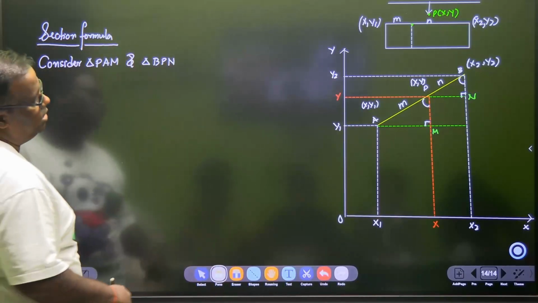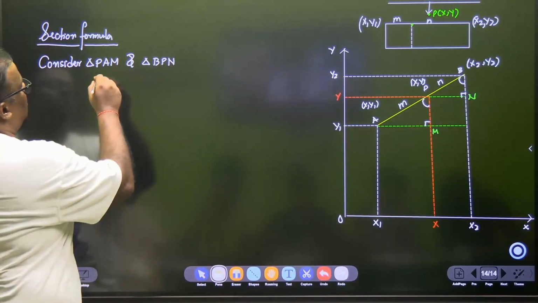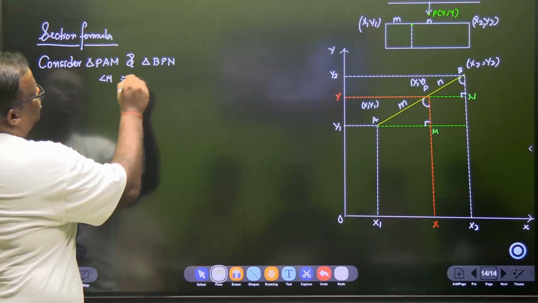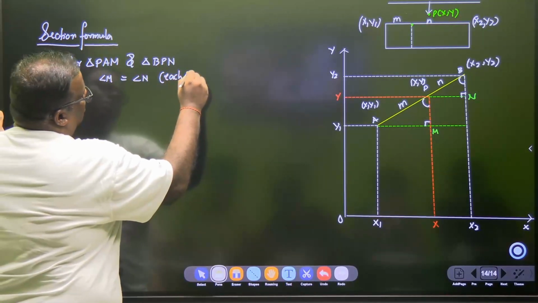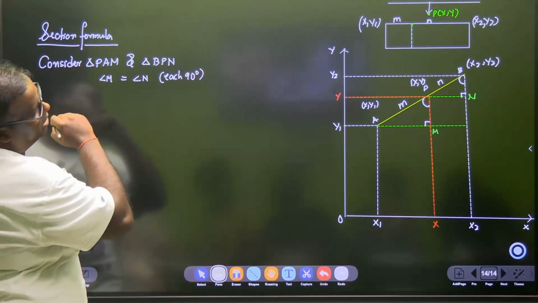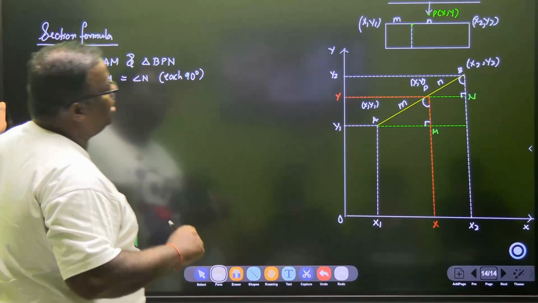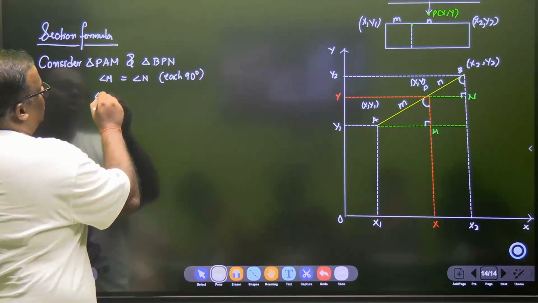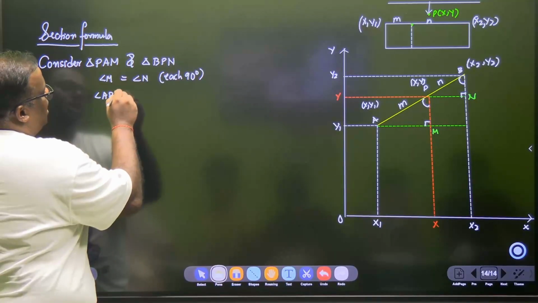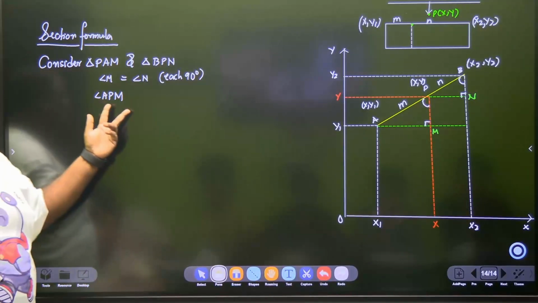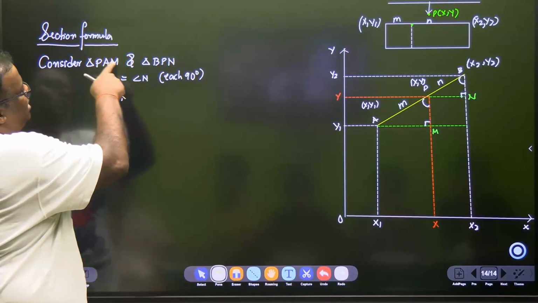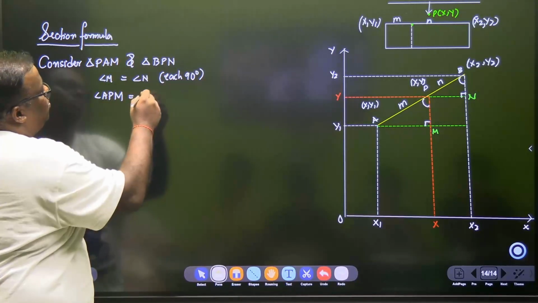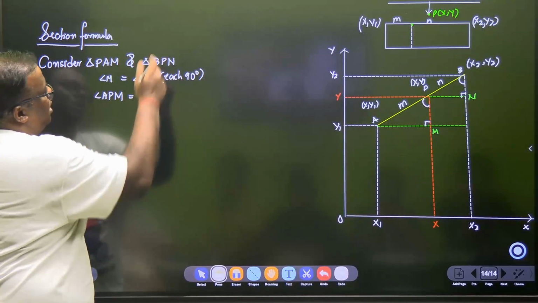So we can write that angle M is equal to angle N, each 90, and I can write angle APM. Now look the beauty, look APM, you need not see the diagram, I am following APM, so here it will be PBN.